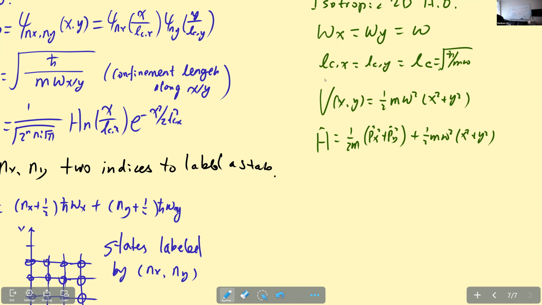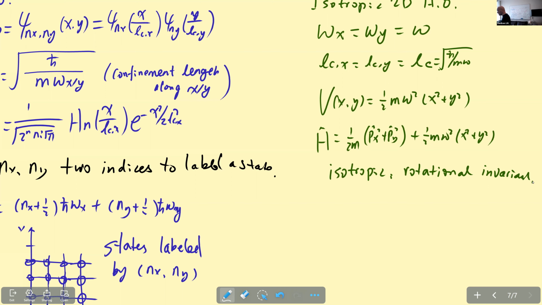So obviously it's isotropic, right? So that means it's rotationally invariant. Okay, if you do a rotation of the system, this potential obviously is not changed.